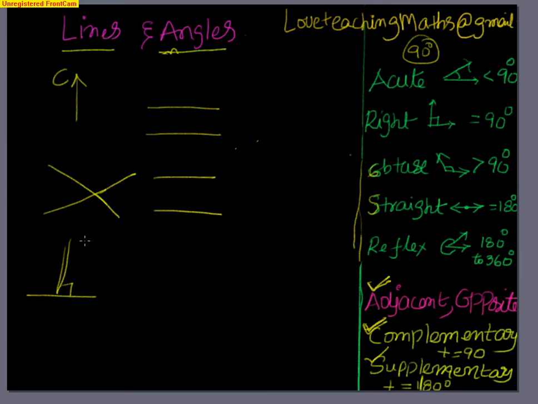So let's look at the condition. Suppose they are intersecting at a particular angle. Now what is the relationship between these vertically opposite angles? You know that these angles are called vertically opposite angles. Now this is O, this is A, this is B, this is C, and this is D. I know that whatever we have gone through, if non-common sides are making a straight line, then the sum of the angles is 180 degrees.